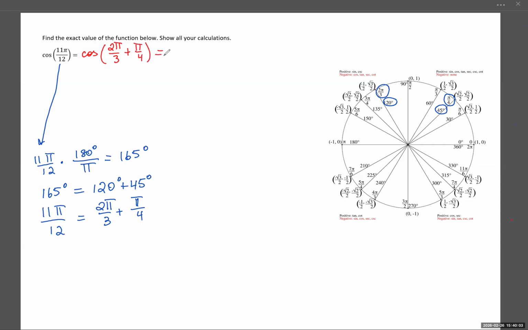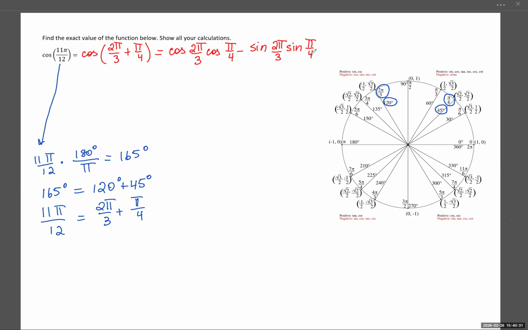We're going to open it up based on the formula for the sum of two angles for cosine, and that would be cosine of 2 pi over 3 times cosine of pi over 4 minus sine of 2 pi over 3 times sine of pi over 4.